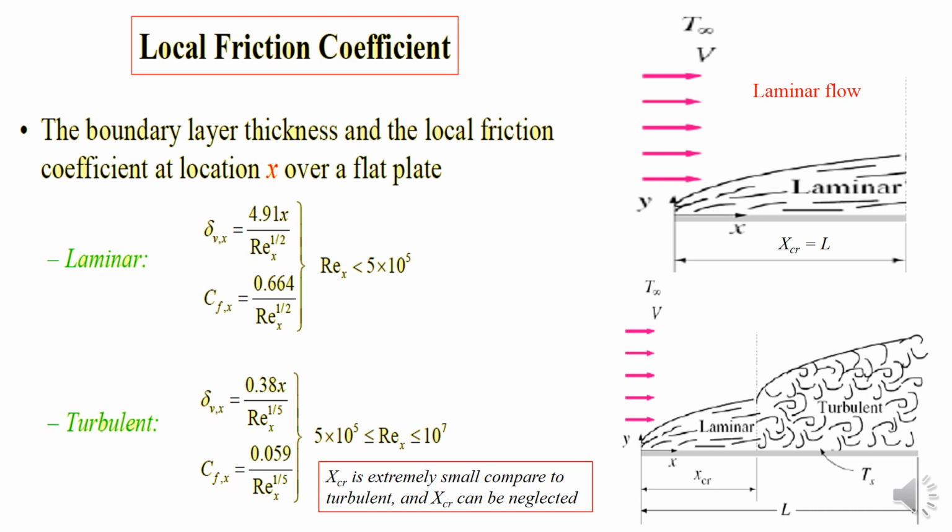Meaning that if the laminar flow distance is extremely small compared to the distance of the turbulent flow, we can assume that the flat plate is completely turbulent.